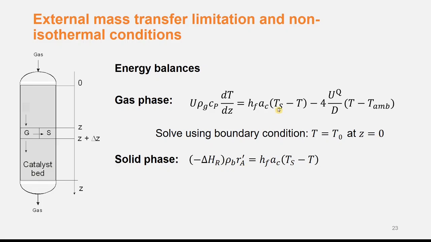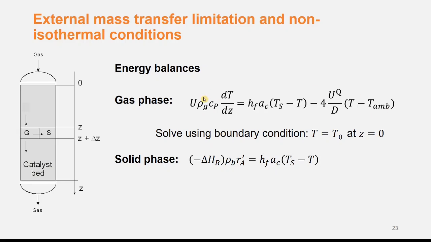Ts, which is needed in the gas phase balance, is determined from the solid phase equation. Generally, the rate of catalytic reaction also depends on Ts through the temperature dependence of the rate constant K1. So you cannot combine these equations.